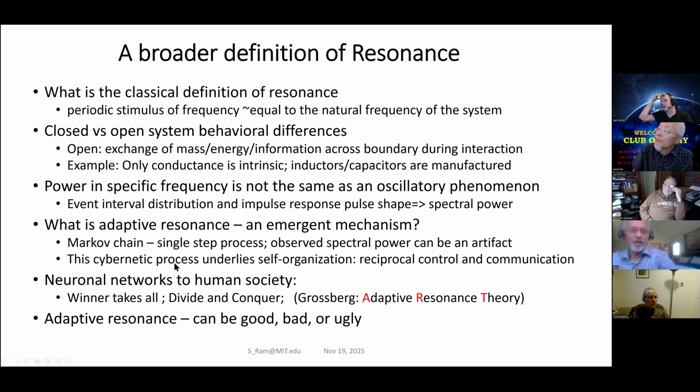But I don't want to restrict it to just the society level. I'm saying that it is intrinsic to all natural phenomena that we are seeing. Any kind of an open system is capable of exhibiting what we call adaptive resonance.